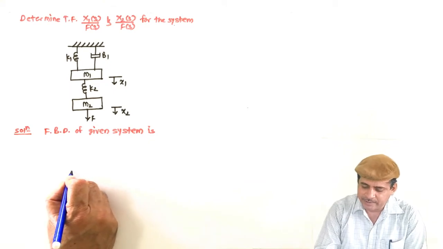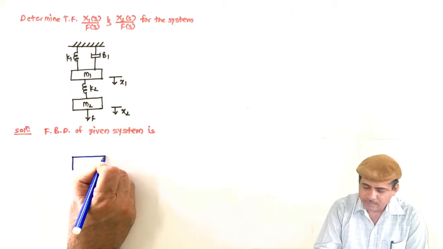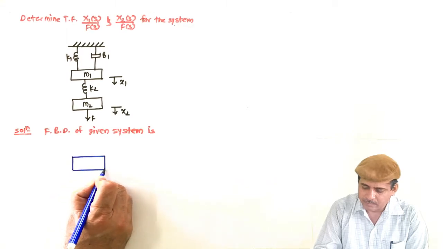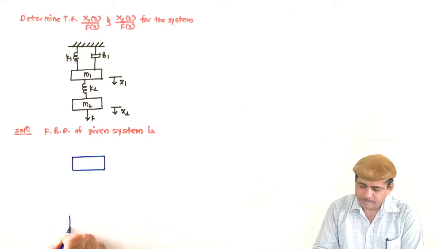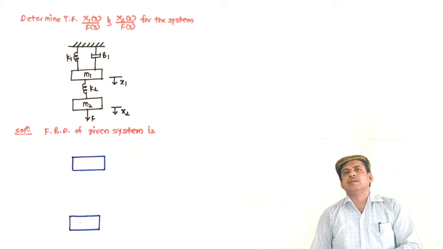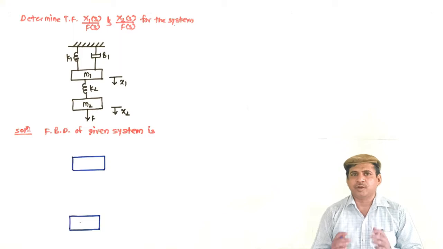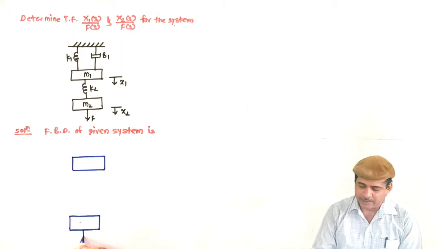While drawing FBD, there will be two masses. This is M2, this is M1. Now from where to start? Always start from the active force. So first apply active force F.